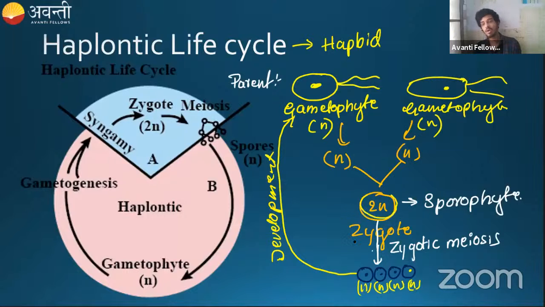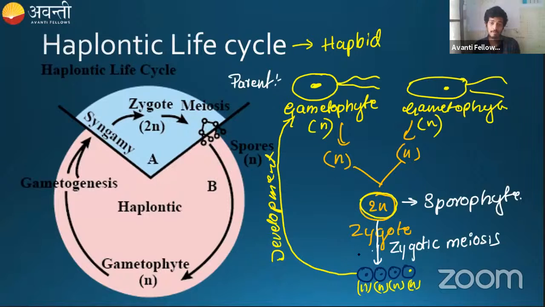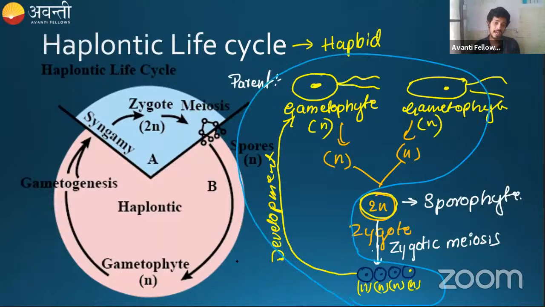So this is called the haplontic life cycle. Why? If you observe from here to here, all this life cycle is haploid. Only in this portion it's diploid. So most of the life cycle is haploid, so it's called haplontic.